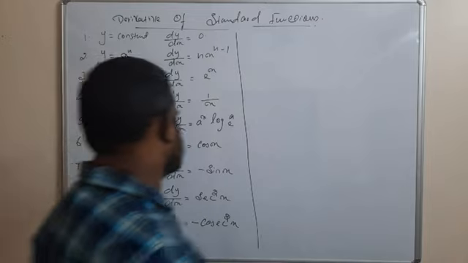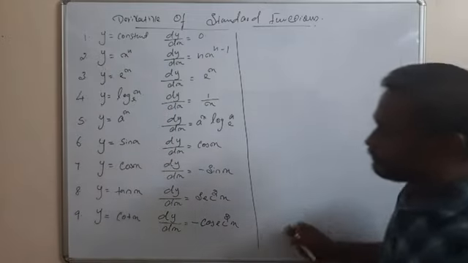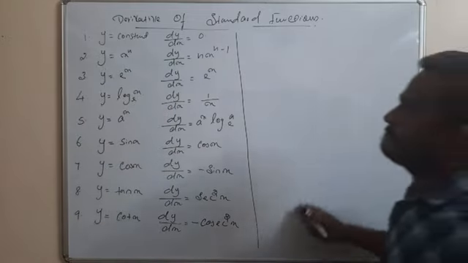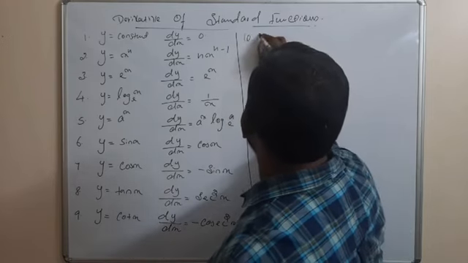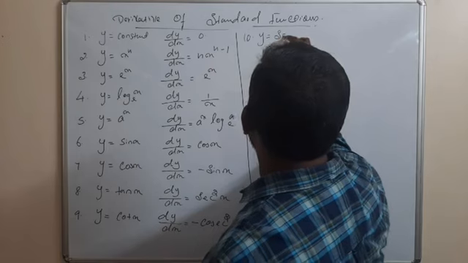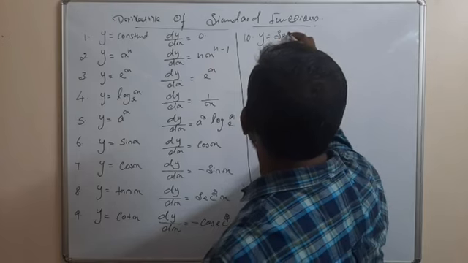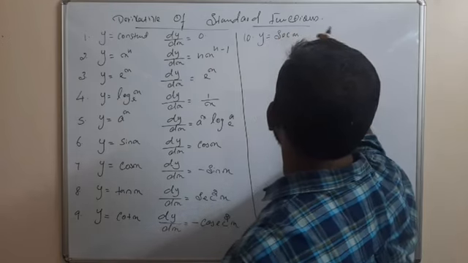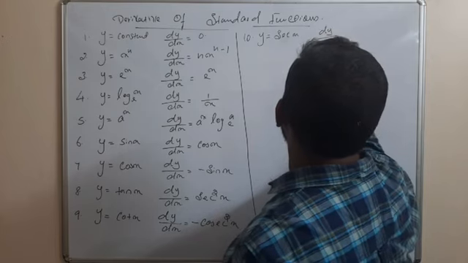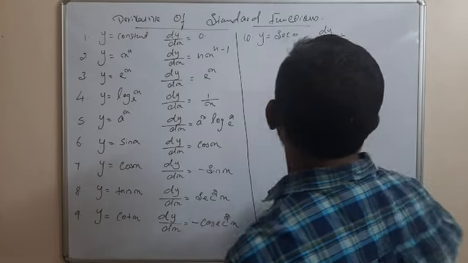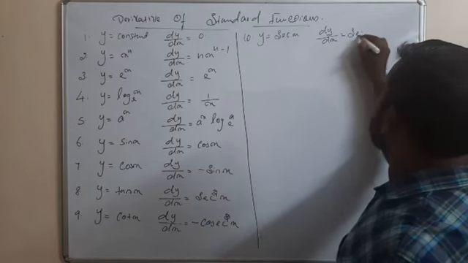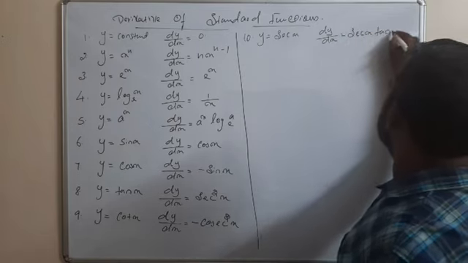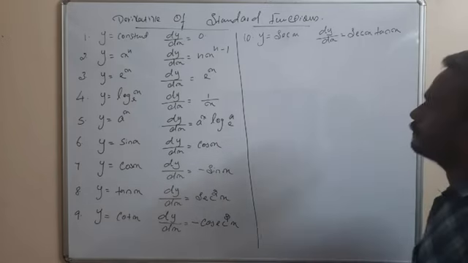Tenth, y is equal to secant x. dy by dx equal to secant x into tan x.